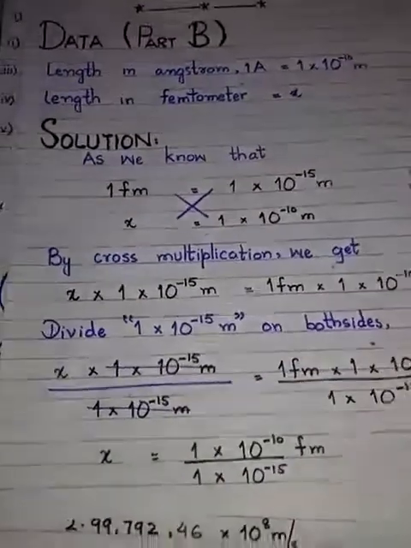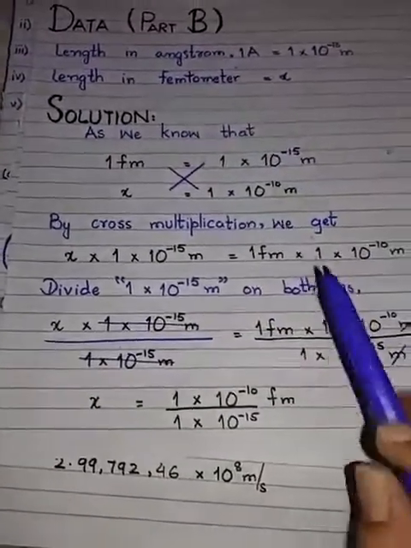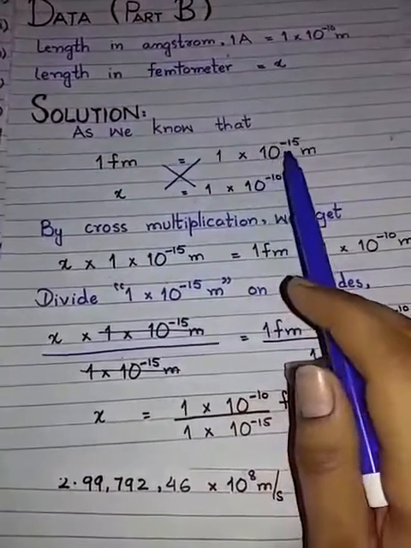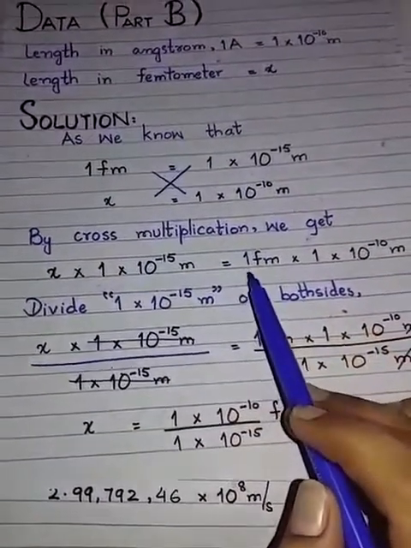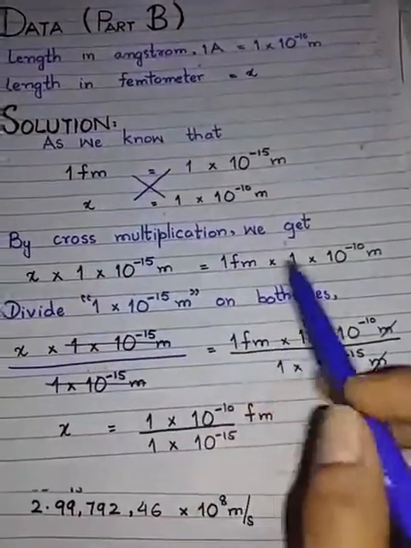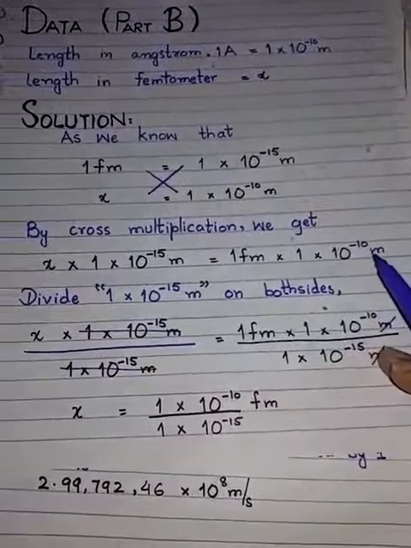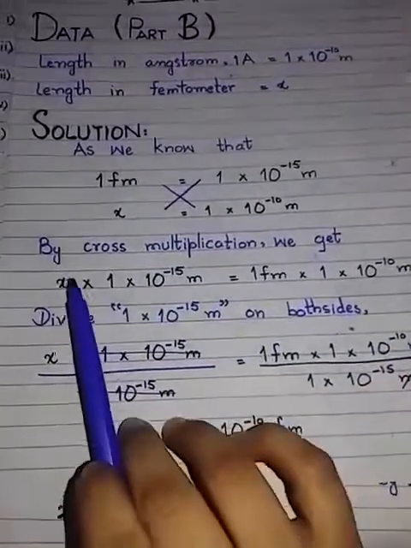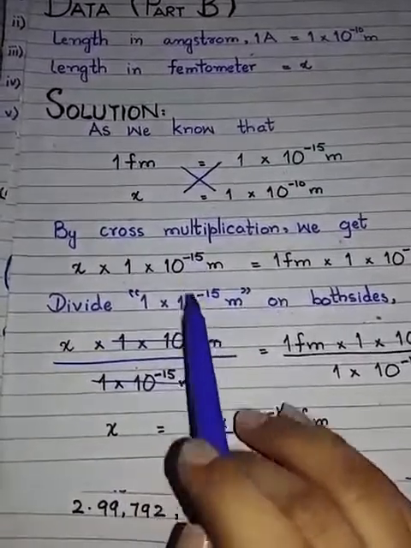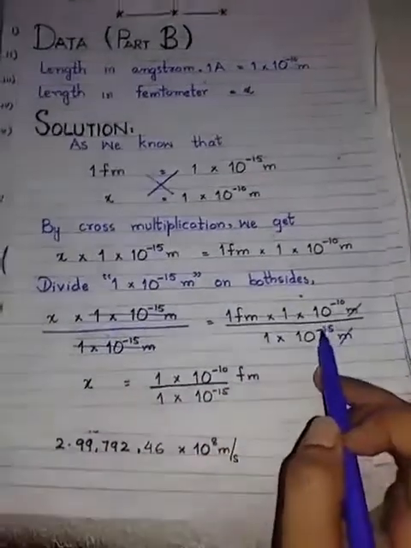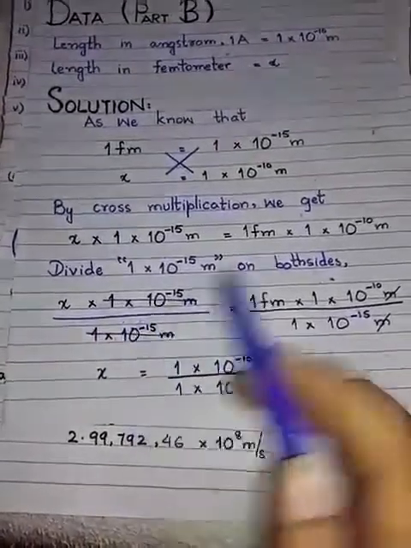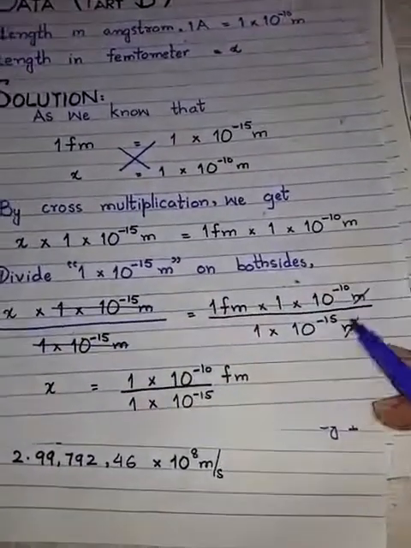So again girls, by cross multiplication we get x multiplied by 1 into 10 raised to power minus 15 meter is equal to 1 femtometer multiplied by 1 into 10 raised to power minus 10 meter. For finding the value of x, divide by 1 into 10 raised to power minus 15 meter on both sides.